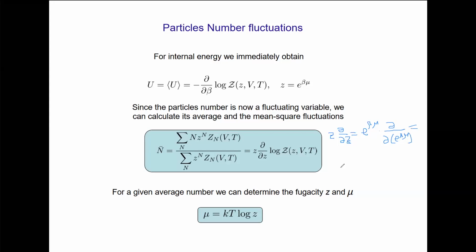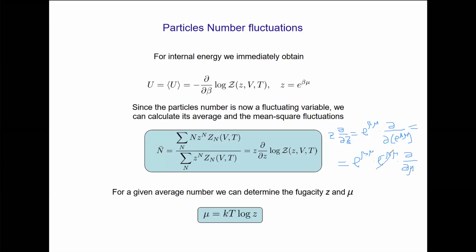When we take the partial derivative, you can use the chain rule here, but it's kind of obvious that this partial derivative gives you exponential of beta mu, and this partial derivative is nothing else but exponential of minus beta mu times d over d mu.